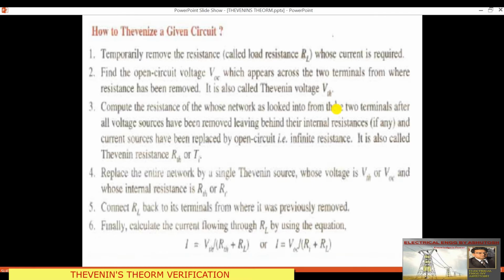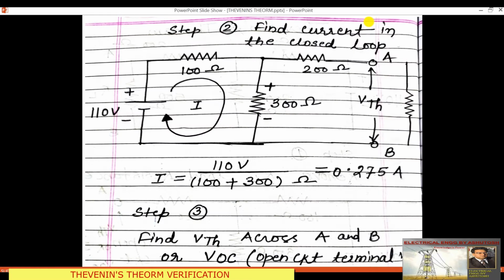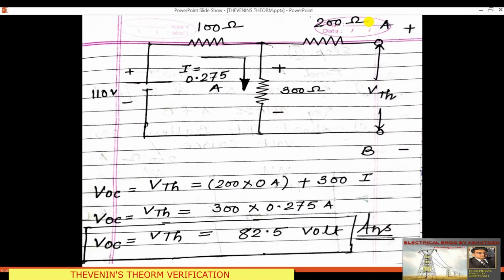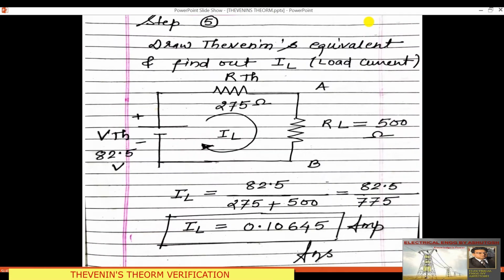So first we will choose this circuit. I have also solved this numerical. I have taken this numerical and solved it and found out the values of each and every parameter, like load current, VTH, and at last RTH and the load current.